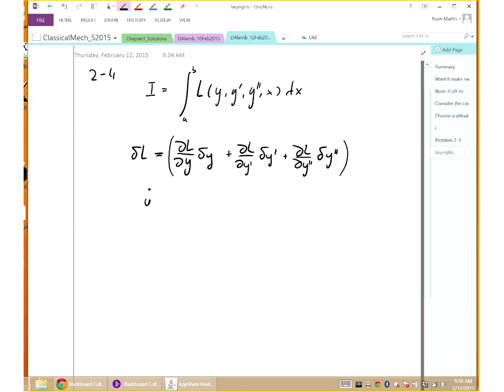So remember, delta y you can write as epsilon phi of x. Delta y prime, if you just take the derivative of that, is epsilon, which is a constant, times phi prime. And then delta y double prime is equal to epsilon phi double prime of x.